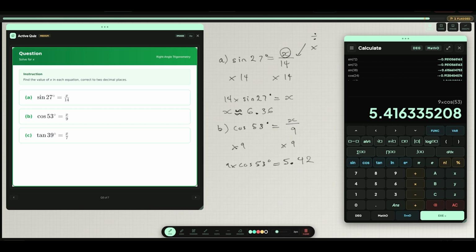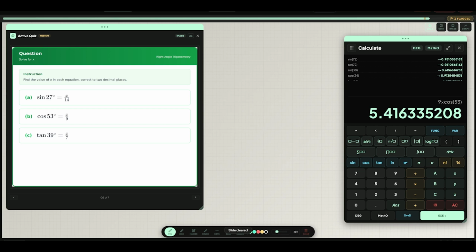Alright, we'll clear these. And let's do C. C is going to be tan 39 degrees is equal to x over 7. And to get rid of that divide by 7, we just multiply both sides by 7. And we get 7 times tan of 39 degrees is going to be equal to x.